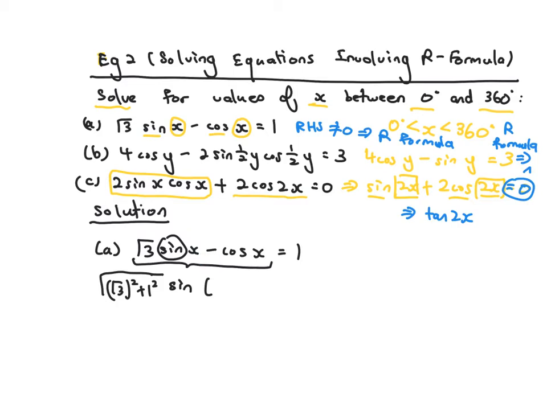Now since the angle is the same, I put x. If you are using the cosine function, you just follow. If you are using the sine function, you just follow. Then you take tangent inverse, second number over first number. So it's 1 over root 3.